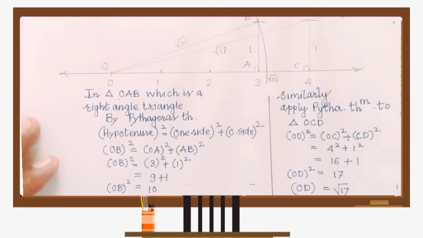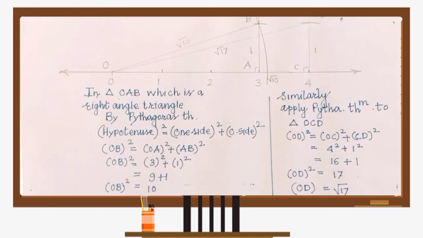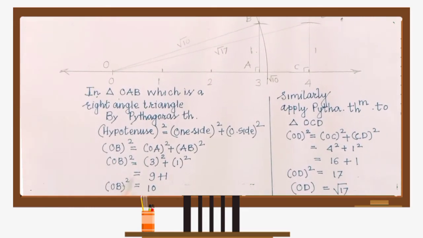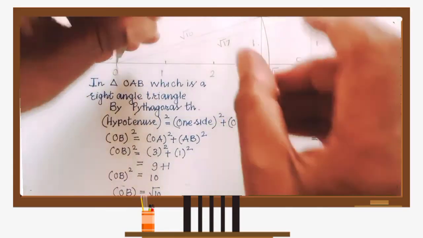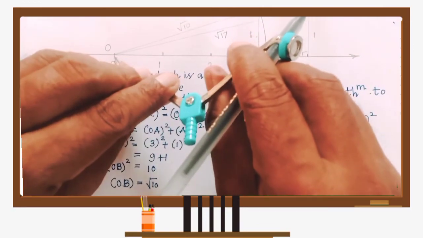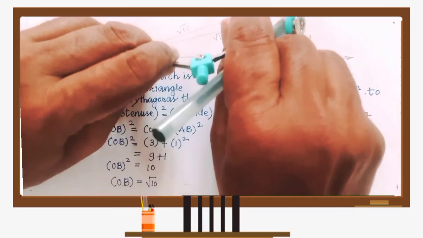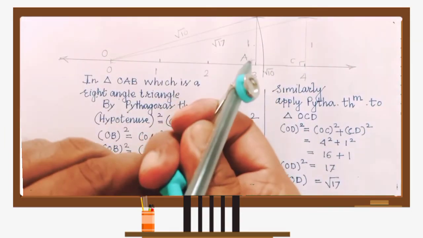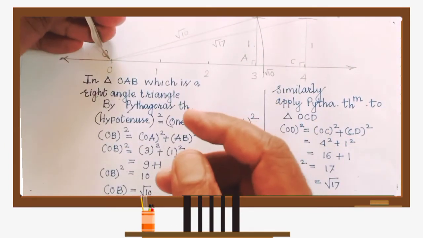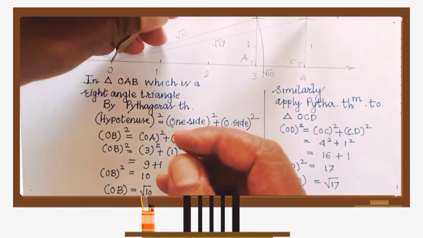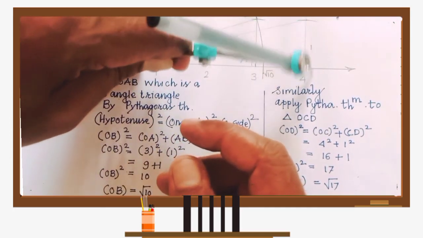Project it on the number line with the help of compass. This way. See this.